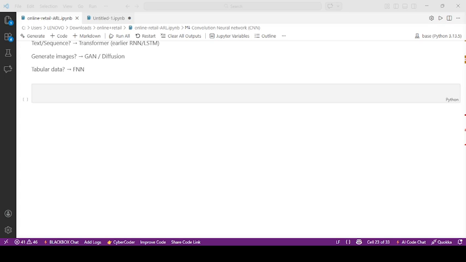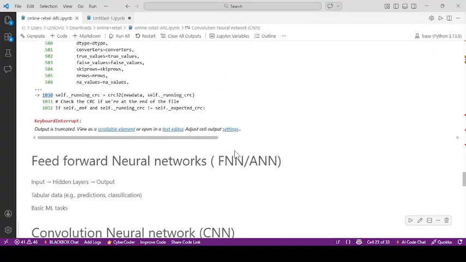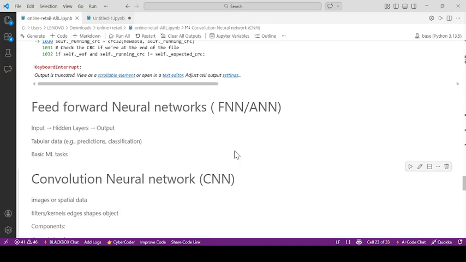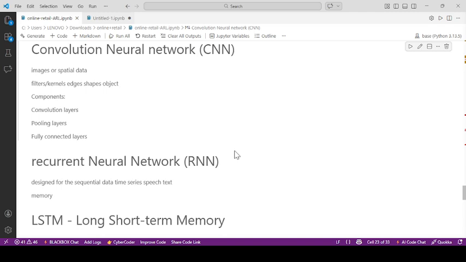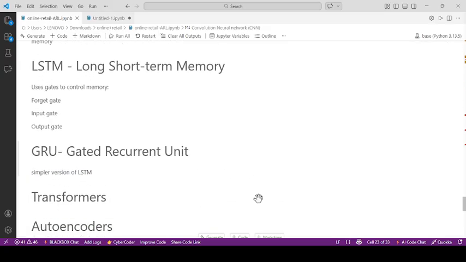Good morning, students. In the previous session, we discussed the different types of neural networks we have in deep learning. One is the feed forward neural network, another is the convolutional neural network, recurrent neural network, LSTM (long short term memory), and gated recurrent unit.